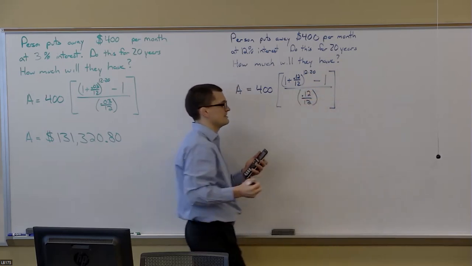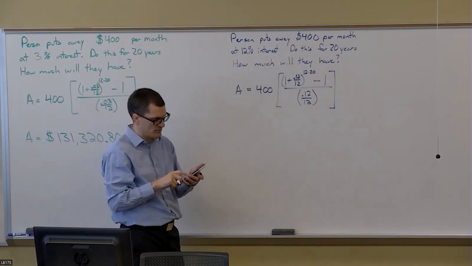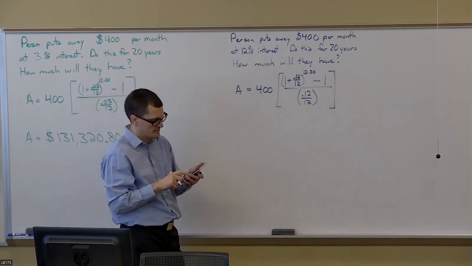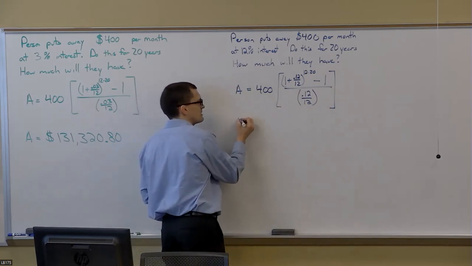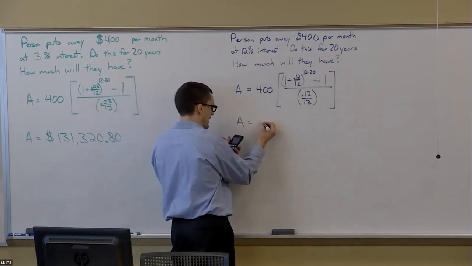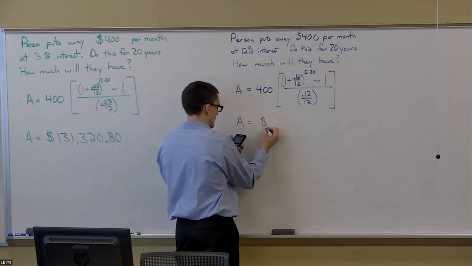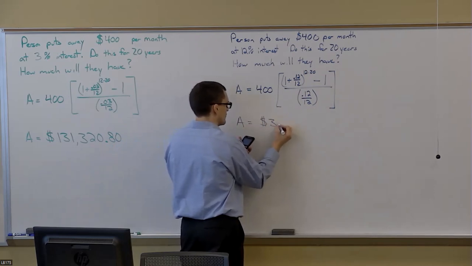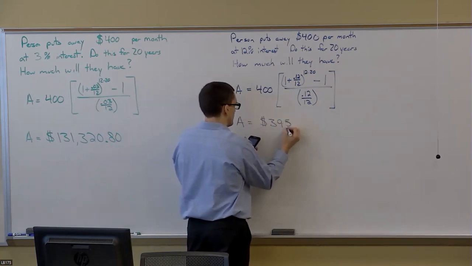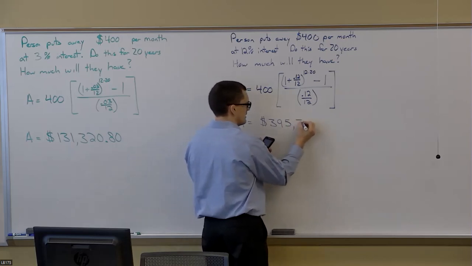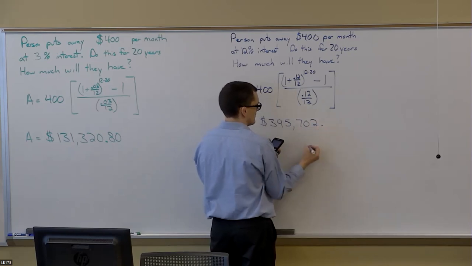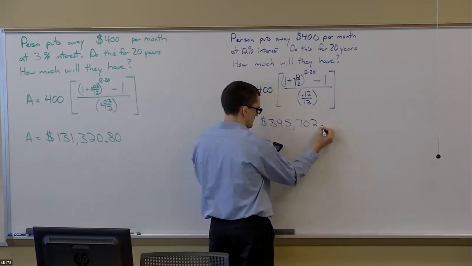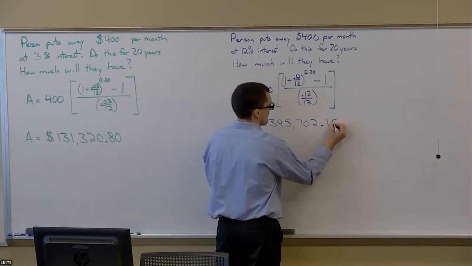My denominator in this case is 0.12 over 12. When I did all of the calculation, I ended up with $395,702 and about 15 cents.